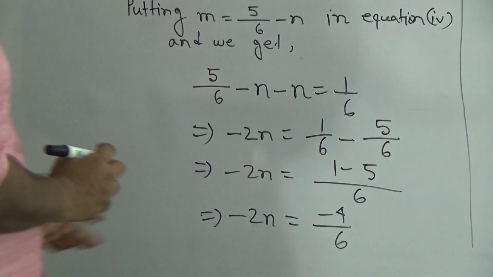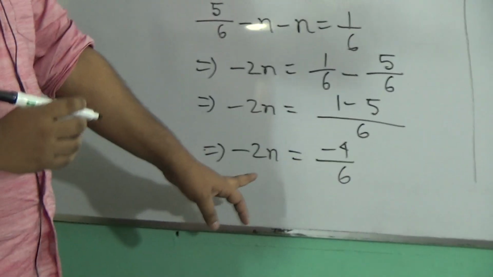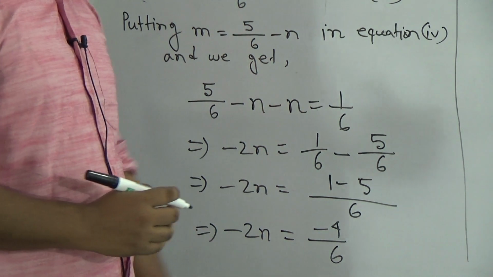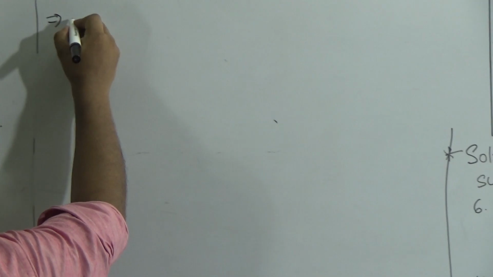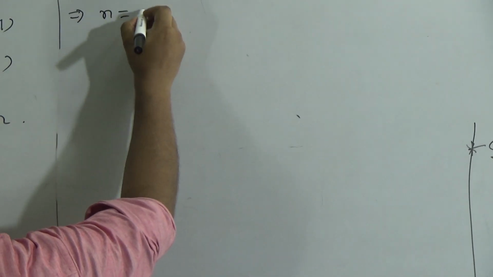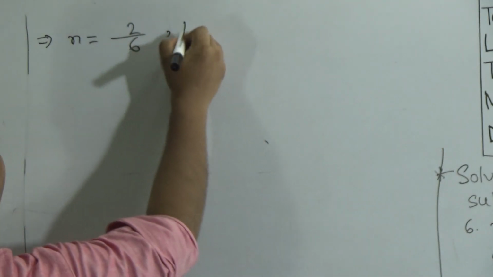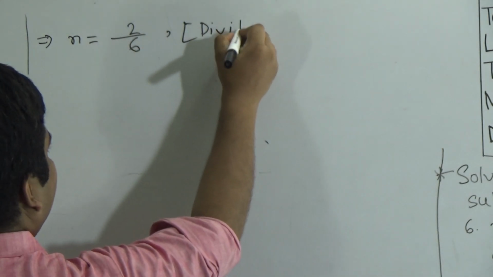Now my dear student, we divide both sides by minus 2. I repeat, we divide both sides by minus 2 and we get n equal to 2 by 6.